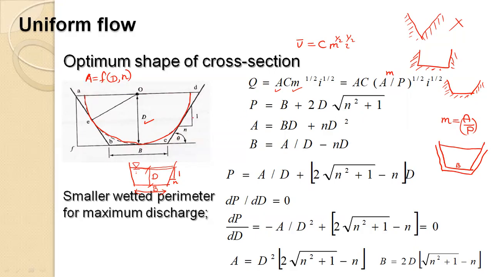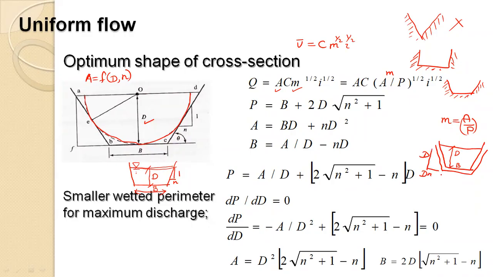How do I get that slope? Since the water depth is D, this vertical height is D, and since the side slope is 1 to n, this would become dn. So if it is D, then this would become dn.